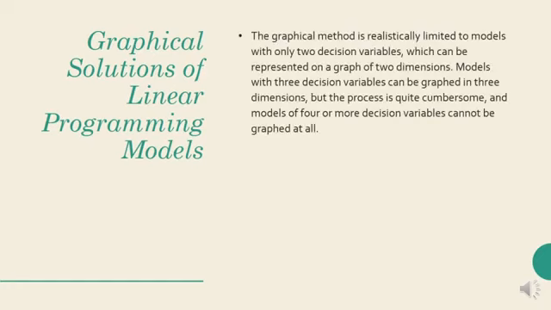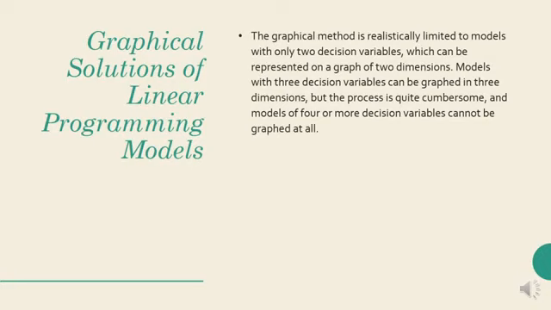The graphical method is realistically limited to models with only two decision variables, which can be represented on a graph of two dimensions. Mas madaling sagutin yung mga tinatawag natin na models na merong lamang dalawang decision variables.